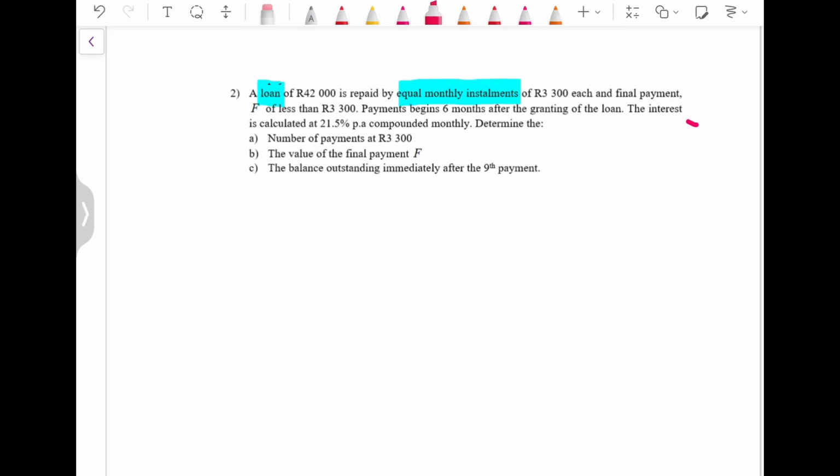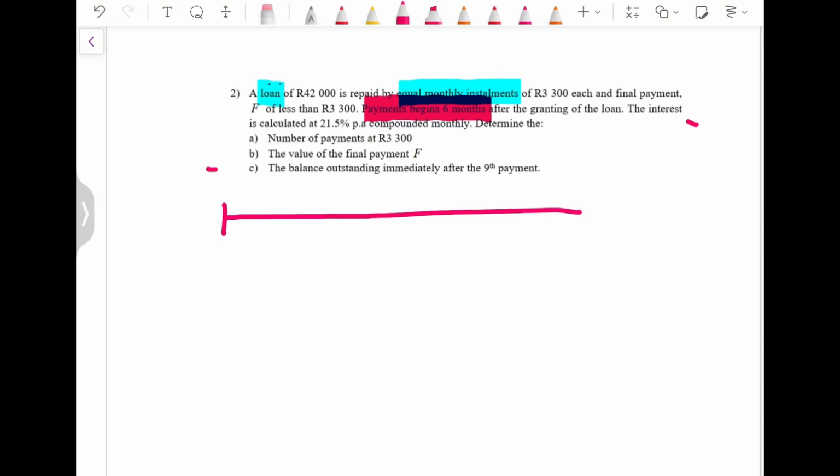Payments begin 6 months after the granting of the loan, so the payments are being delayed. Now we can see that our interest here is compounded monthly and payments are being made every month. Now here is the story. This person at T0 takes out the loan of 42,000.